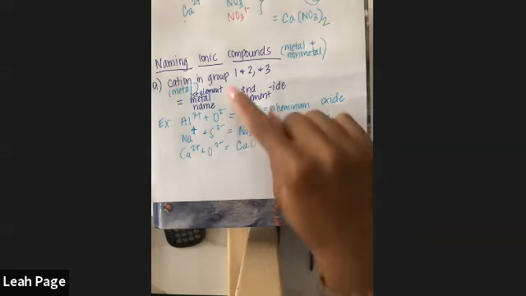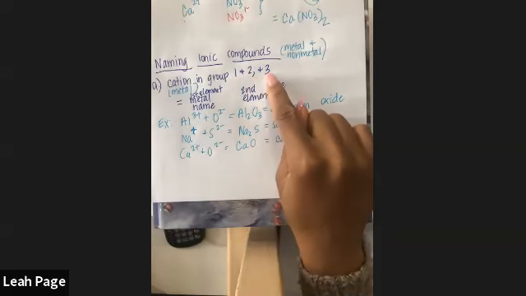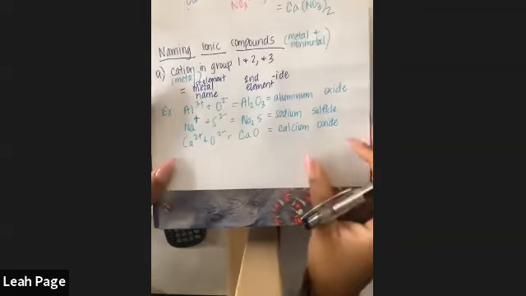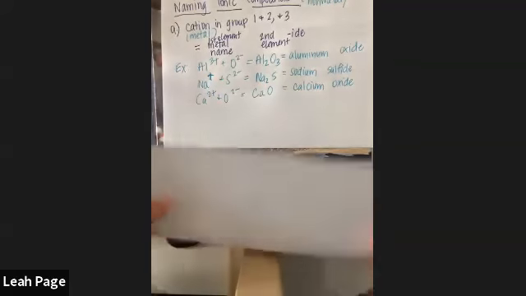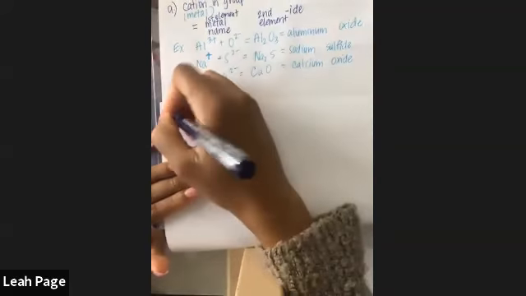So remember, this is only if your metal is in group 1, 2, or basically aluminum. Now, if your metal is a transition metal, so this is B, another way.